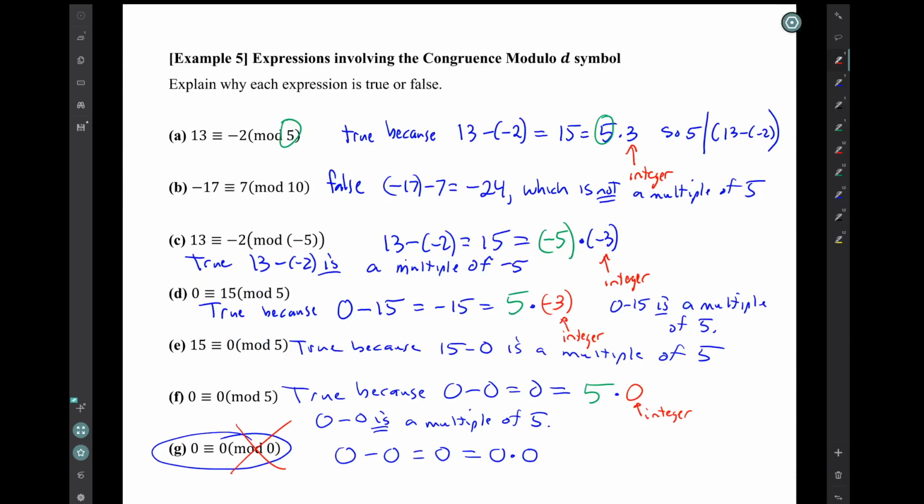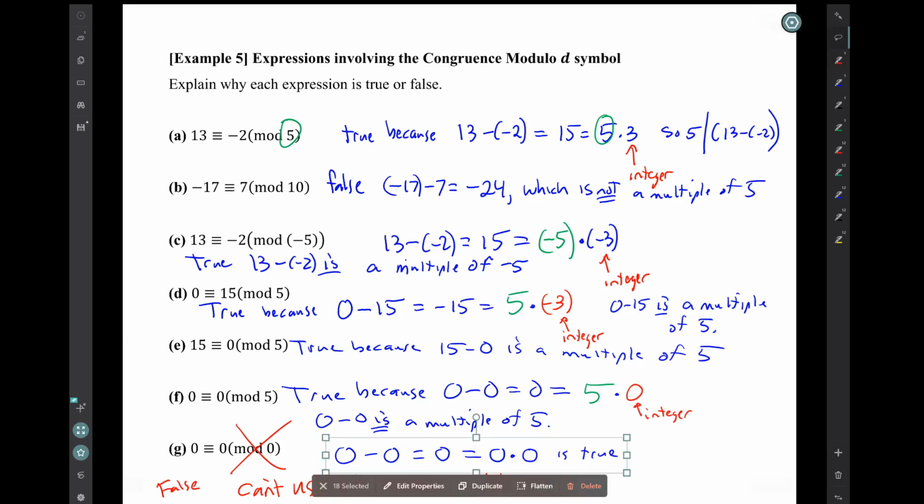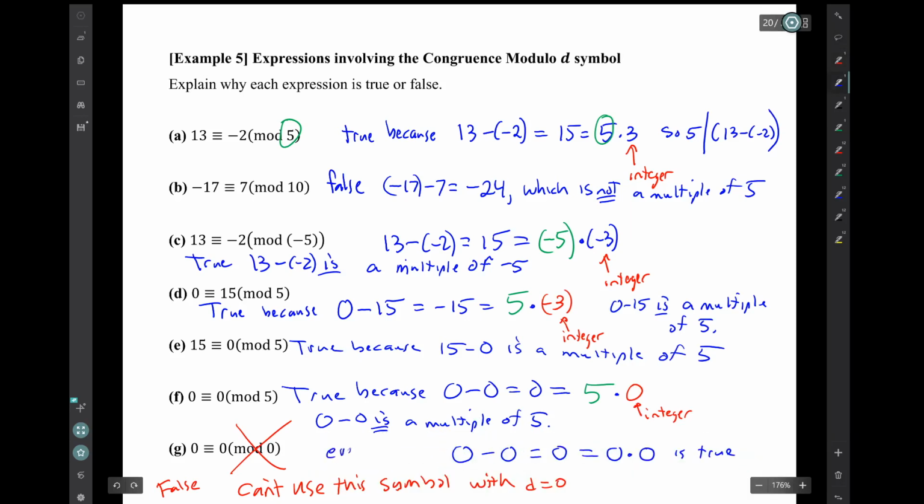We cannot have this symbol with d being 0. So even though this blue equation is true, this symbol is false. So that's very important. So even though this equation is true, this statement on the left is a false statement.